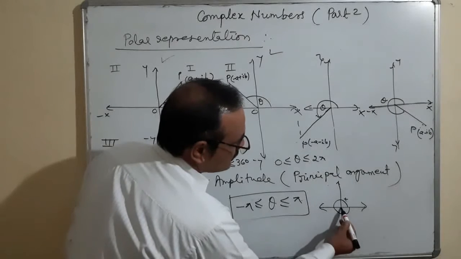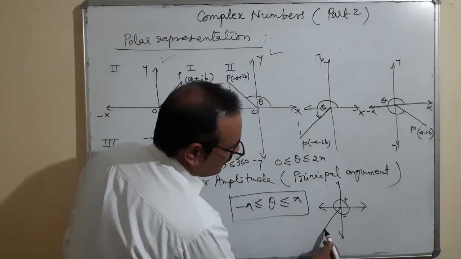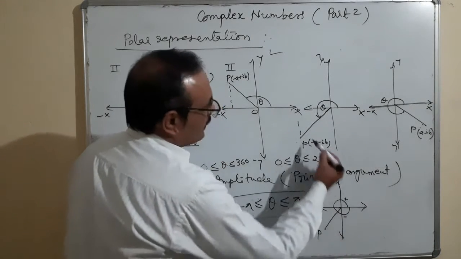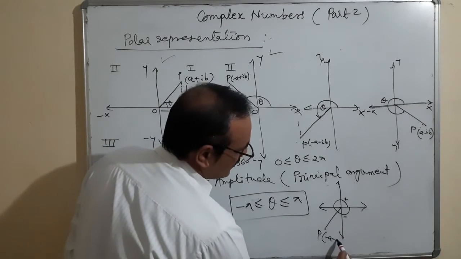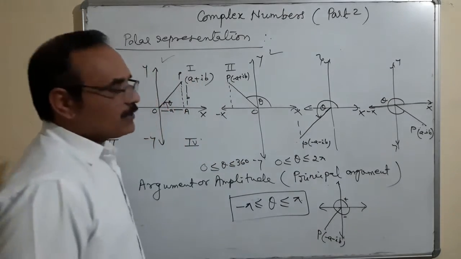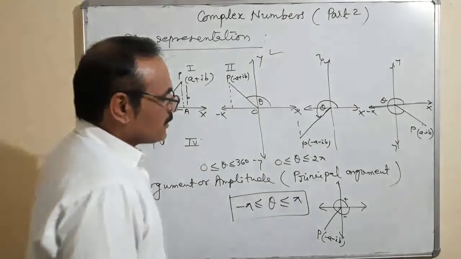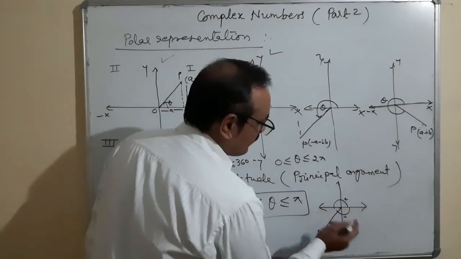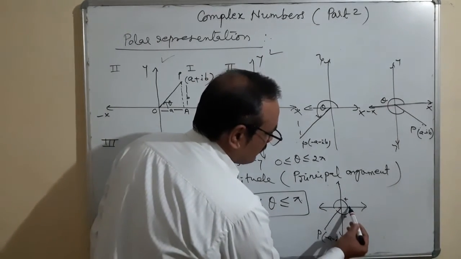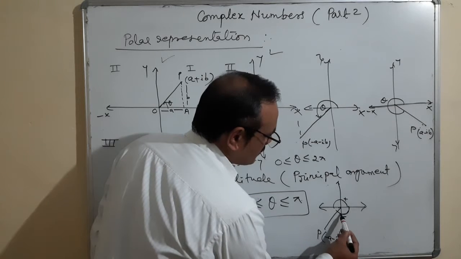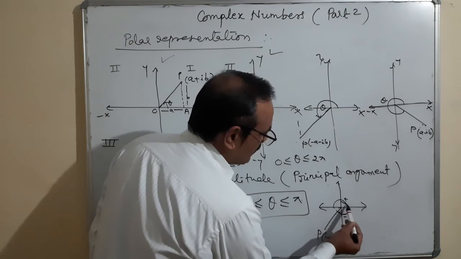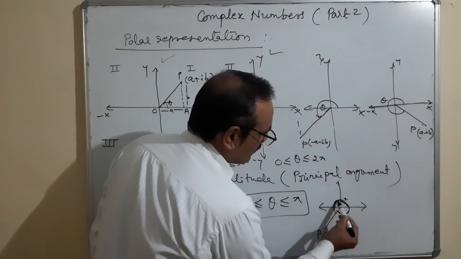This situation, suppose it is here. Okay. This is the point P. And the value of P is minus a minus ib. What is the value of theta here? Because we are talking about up to this portion. Okay. What is this?